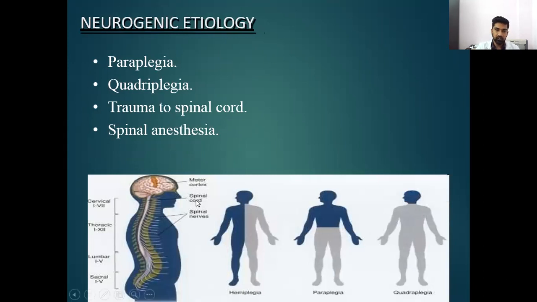In this image they have shown the motor cortex, spinal cord, spinal nerves, cervical 8, thoracic 12. So say with me: C7, T12, L5, S5. C7, T12, L5, S5. And you can see hemiplegia, paraplegia, quadriplegia in these images clearly.